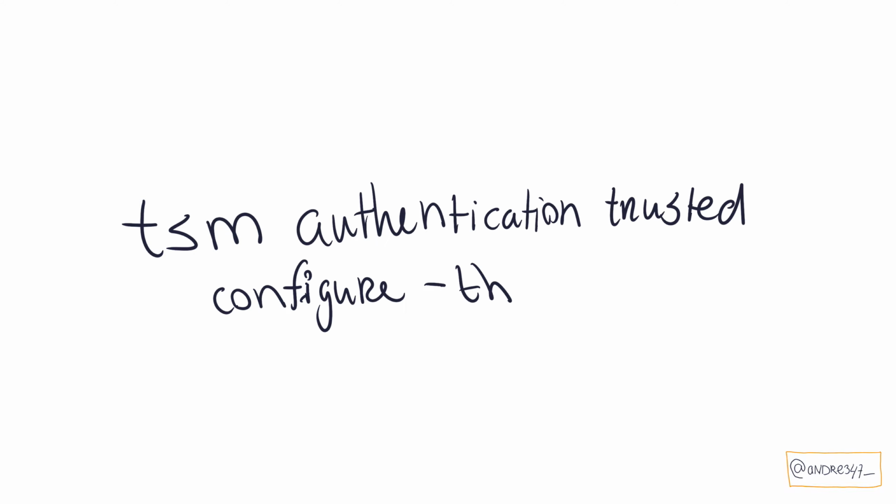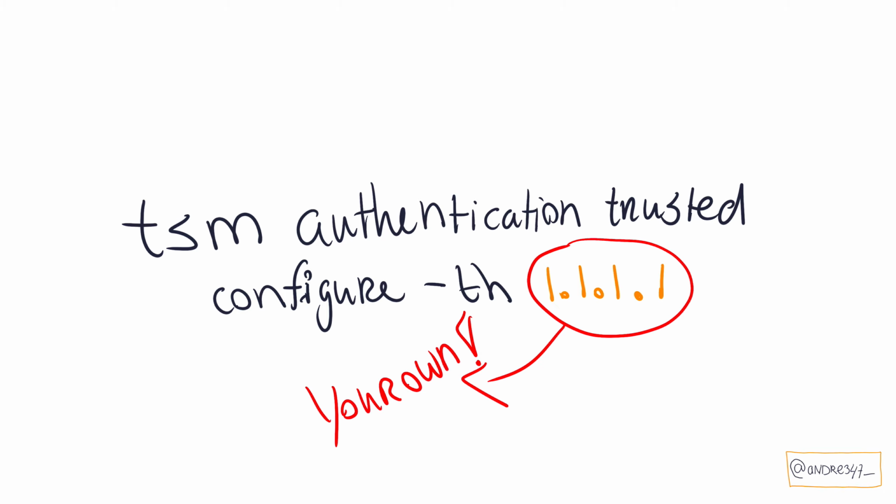So TSM authentication trusted configure, that's -th, followed by the IP address, but this can also be a host name of your web server. In this instance, please use your own IP address, not the one that we have listed here. You can also add multiple IP addresses if you want to trust multiple web servers.